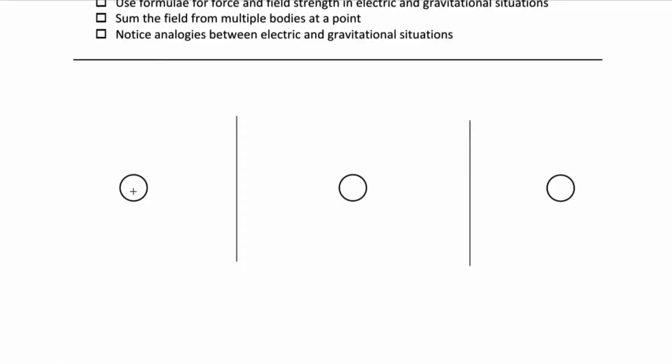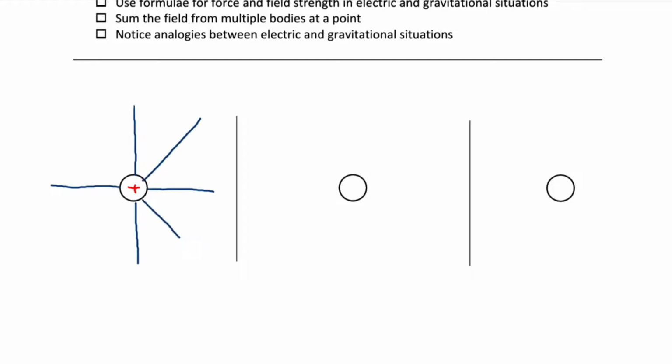If I wanted to graphically represent that vector field, I could draw individual arrows around the central positive charge, and they'd need to be longer closer to the charge, and then get weaker further apart. But that gets very messy, and so instead, as we've seen, we can use the conventions of field lines. So we draw field lines emanating from the charge, and they point away from a positive charge.